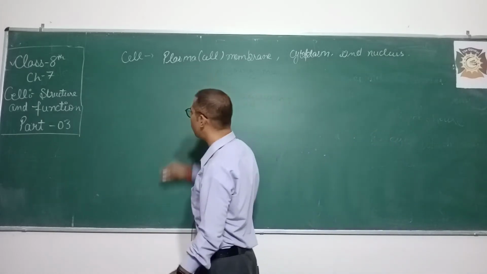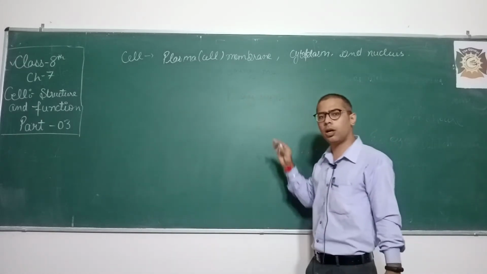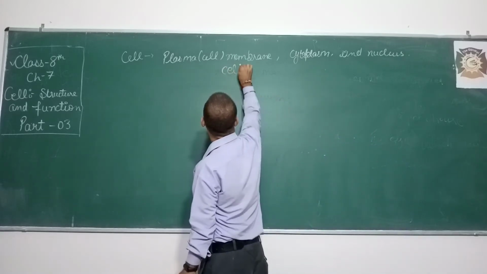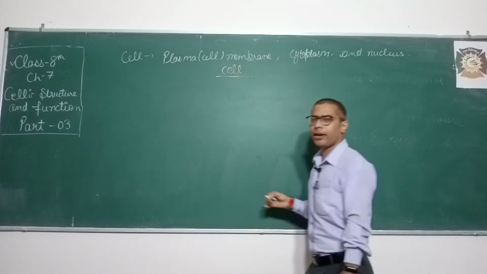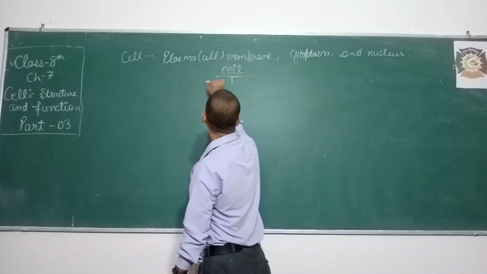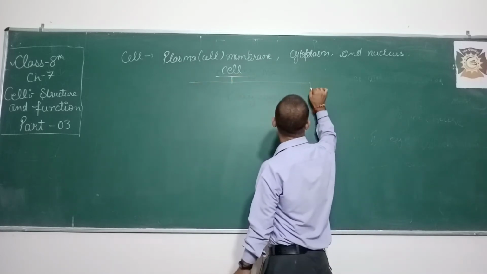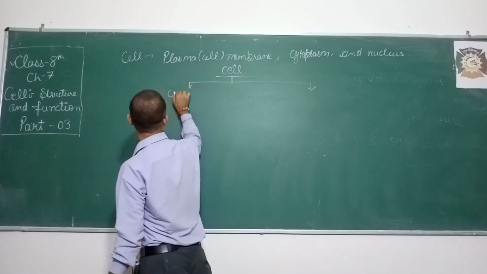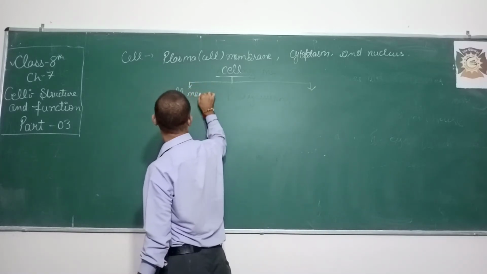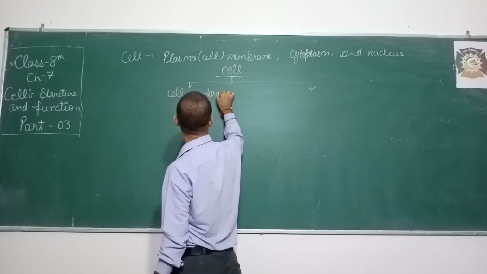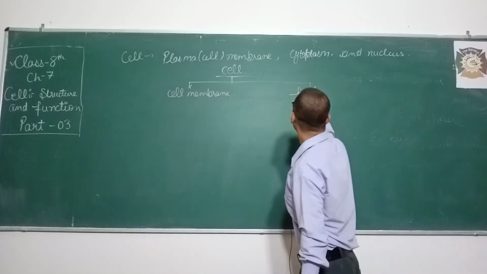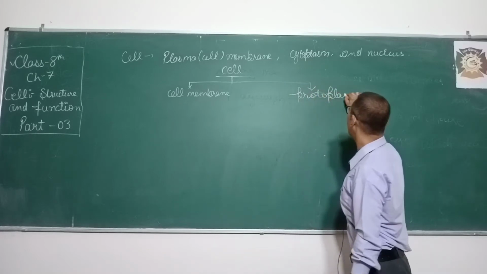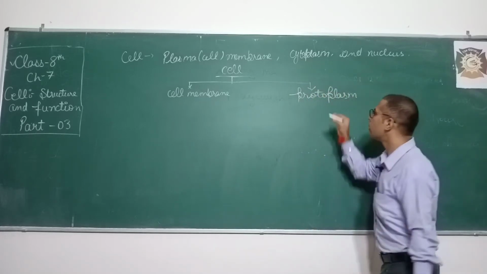Now let me give you a brief chart so you can learn all these parts. First of all, a cell is divided into two main parts: the cell membrane, and then the second part, protoplasm.